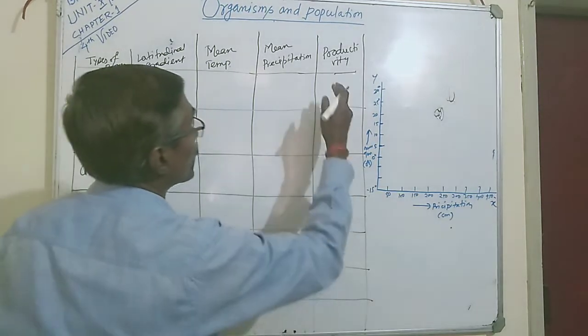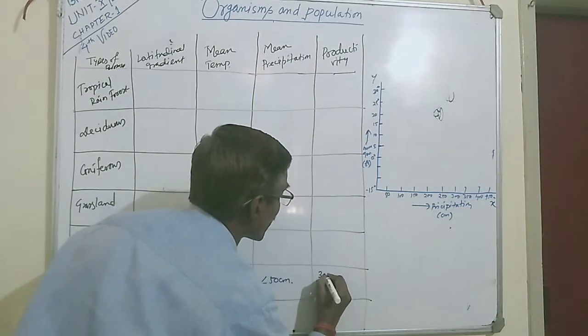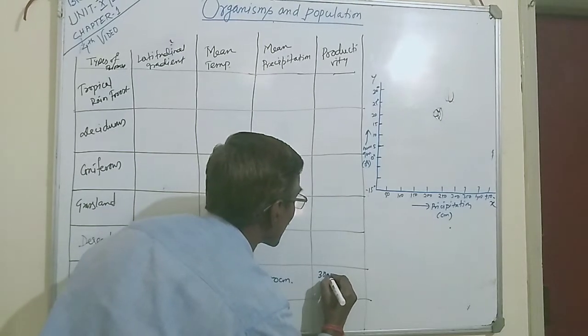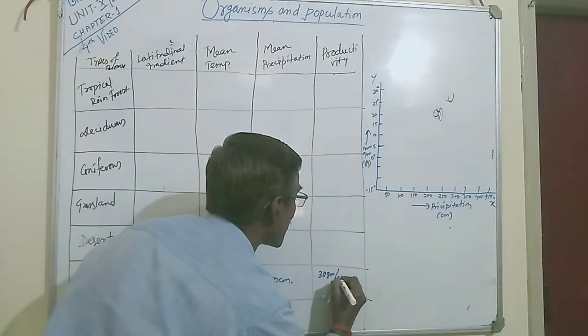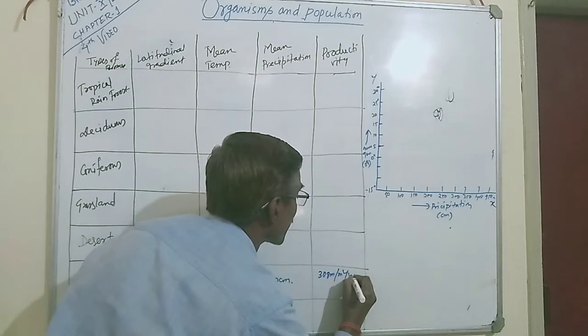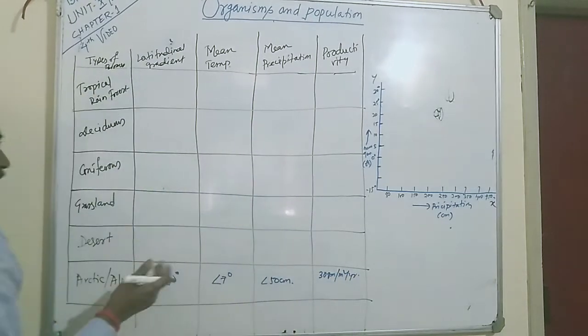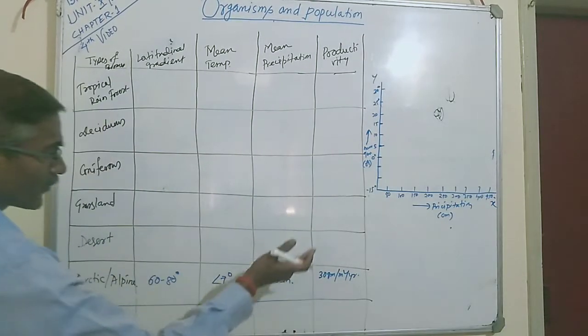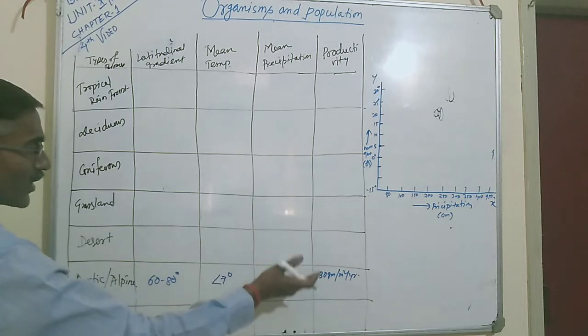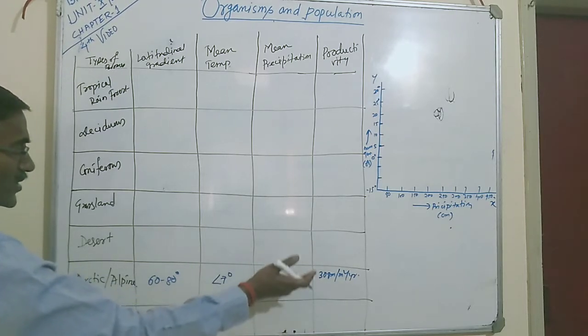The productivity is only 30 grams of biomass production per meter square per year. Low energy level: when you compare energy you use kilocalories, whereas biomass calculations are in grams.